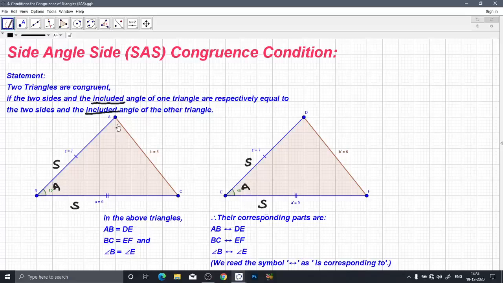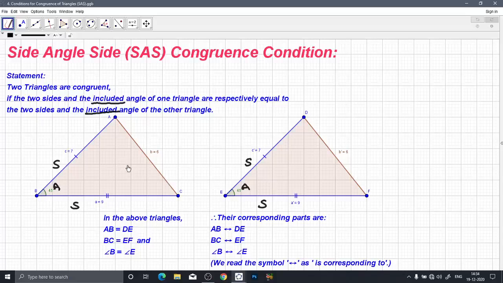We should not take angle A or angle C. You should take only the angle in between the given two sides. Two sides and the included angle of this triangle equal to the corresponding two sides and included angle of that triangle, then these two triangles are called congruent triangles.